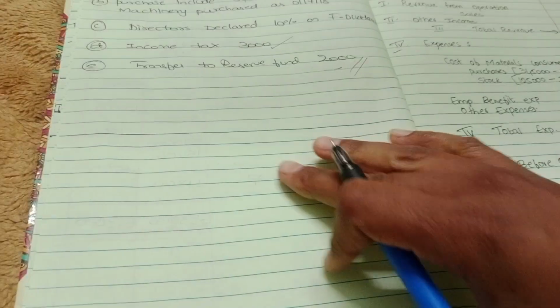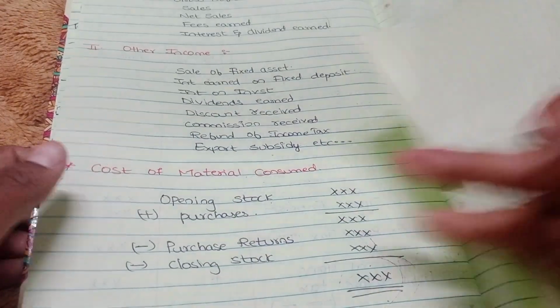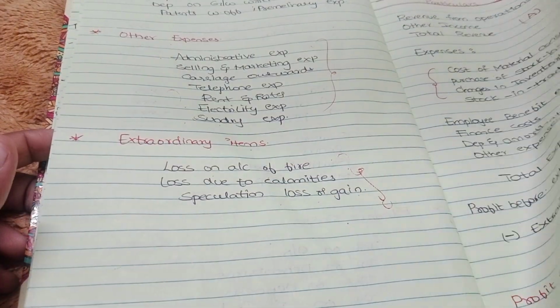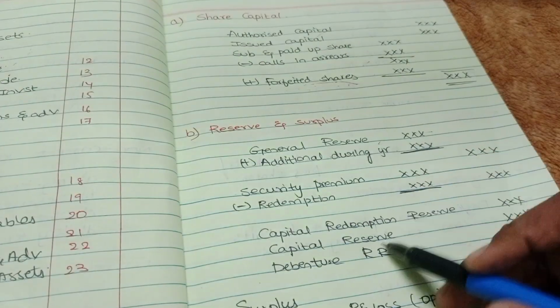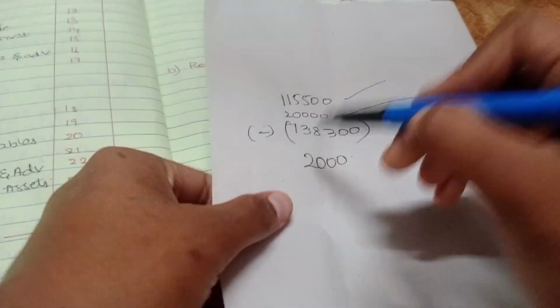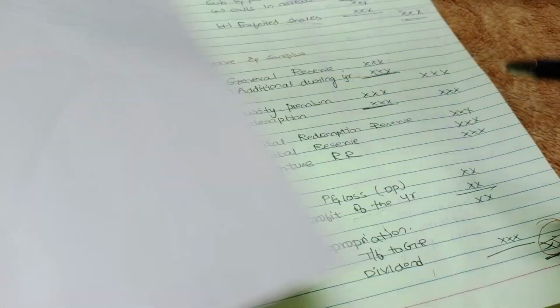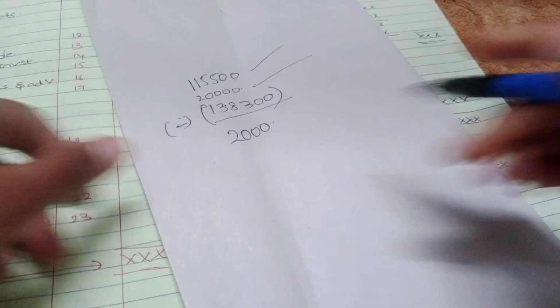According to the formula only I am doing it, so don't confuse it and don't ask me again. To find reserves and surplus, what I have said: 1,15,500 plus additional reserve 20,000, minus loss of the year 1,38,300, and transfer to general reserve 2,000.